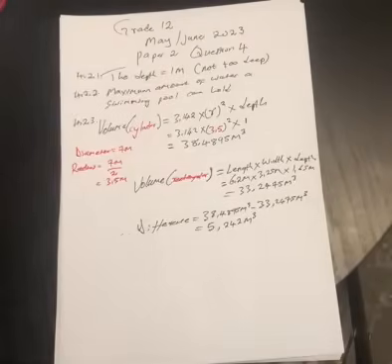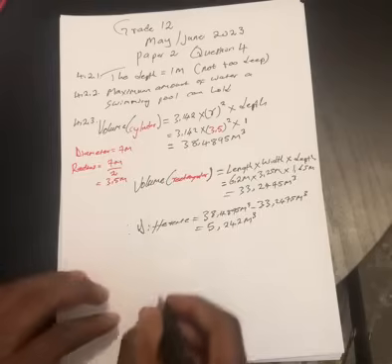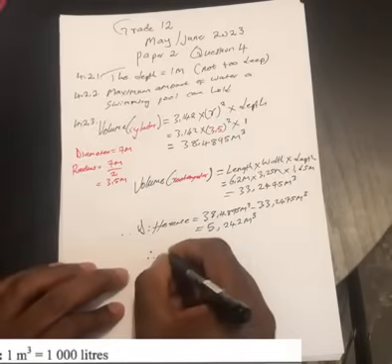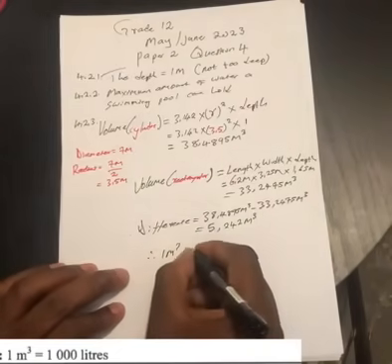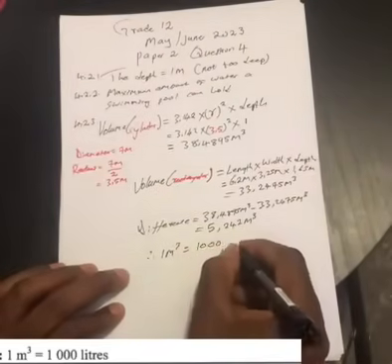Then again, if you look at the question, they said we must write this to the nearest liters. We know the relationship. We are given this. Therefore, 1 meter cube is equal to 1,000 liters.